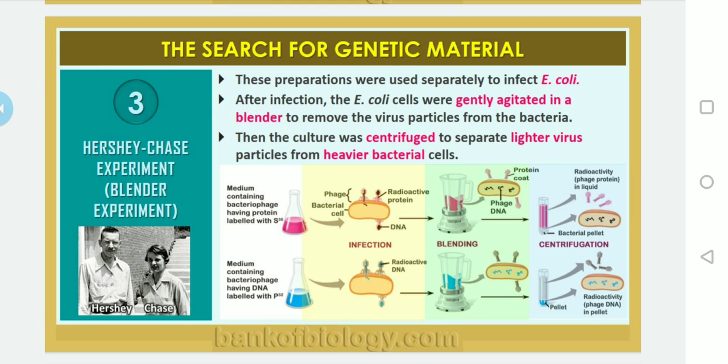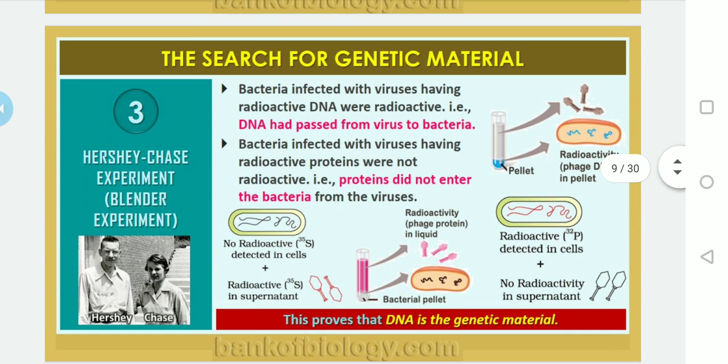They conducted the experiment in three stages. The first stage is the infection, the second stage is the blending, and the third stage is the centrifugation. So you can ask me how it will be. Whenever the bacteria infected with viruses having radioactive DNA were radioactive, that means the DNA had passed from viruses to bacteria.